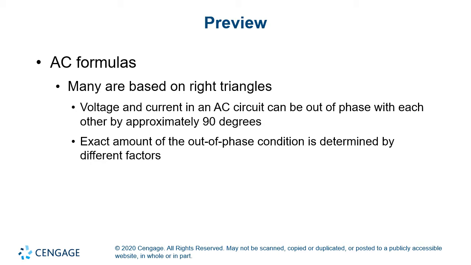So many of the relationships that govern right triangles fit well with comparing voltage and current in AC circuits. It turns out that it's not exactly 90 degrees, and one of the things we want to find out is how much it is off by, and we're going to do that by a variety of different factors.